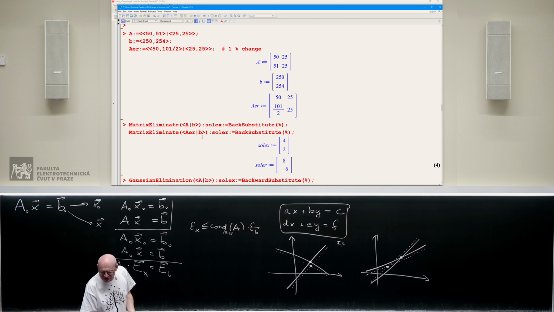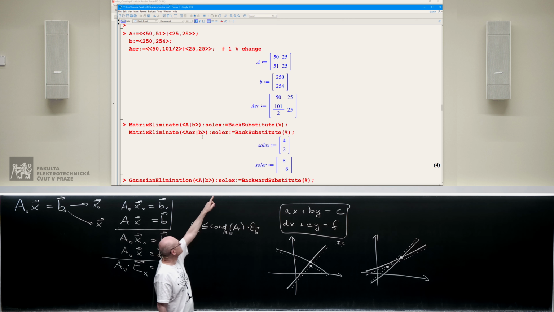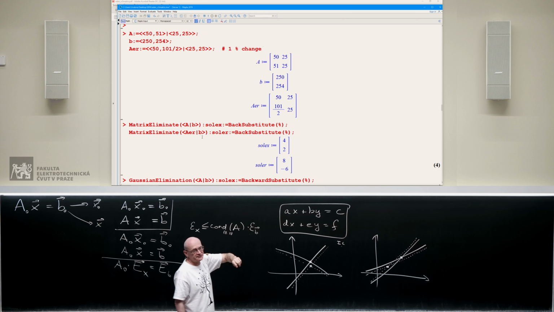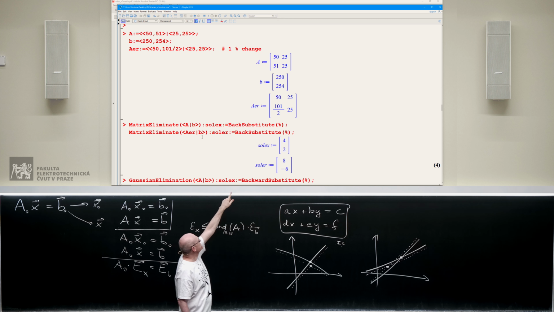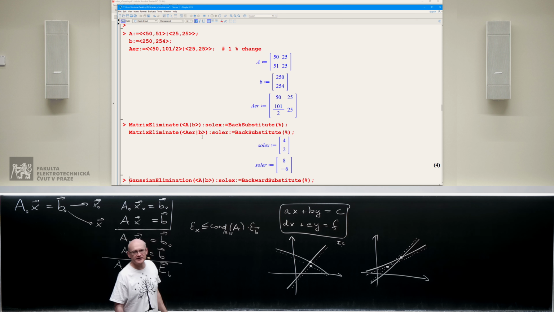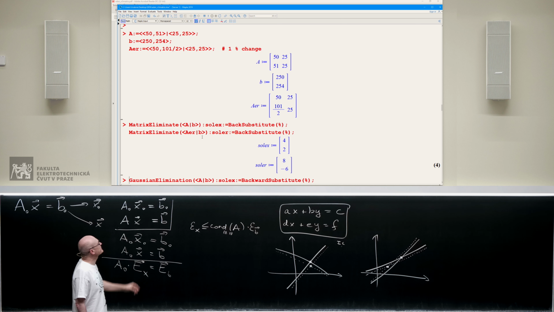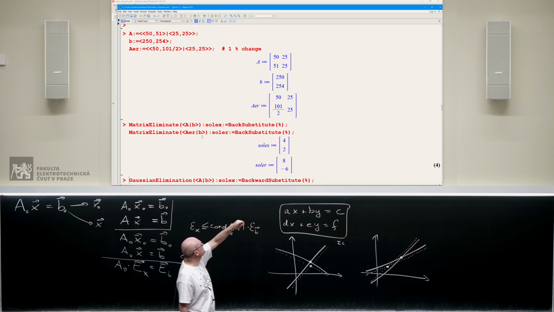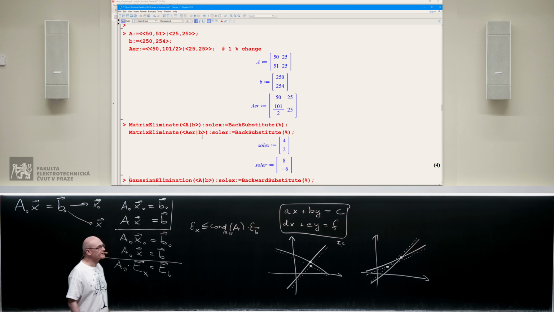But let's compare the solutions. The original system has solution 4, 2, and after making a 1% change in the matrix, the solution suddenly became 8, -6, which is a totally different vector, totally different solution. So you can see how a tiny change in a badly conditioned matrix can have catastrophic consequences, essentially.